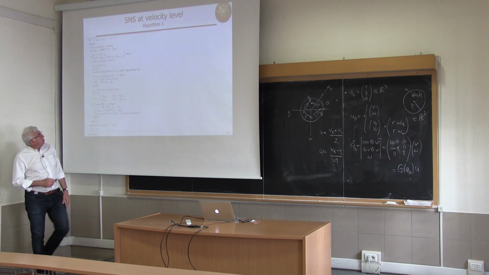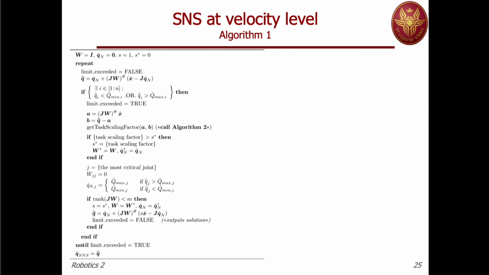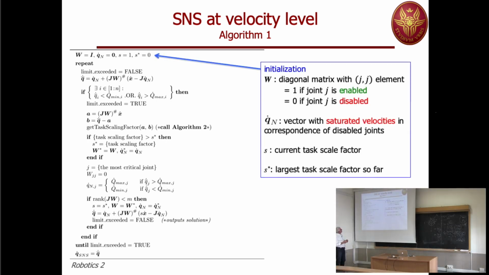Okay, so the algorithm works as follows. We will simply comment blocks of instruction, and I leave you this for a deeper investigation at home. So the first part is the initialization of the algorithm. So we start with the diagonal matrix W with all ones, which means that all joints are enabled for doing the task.